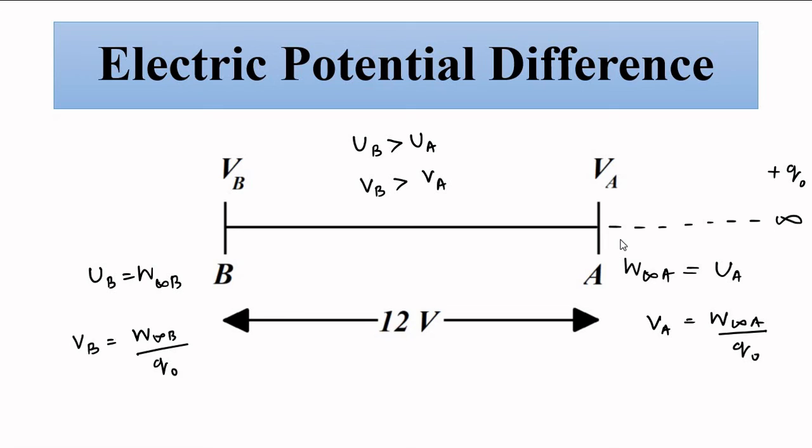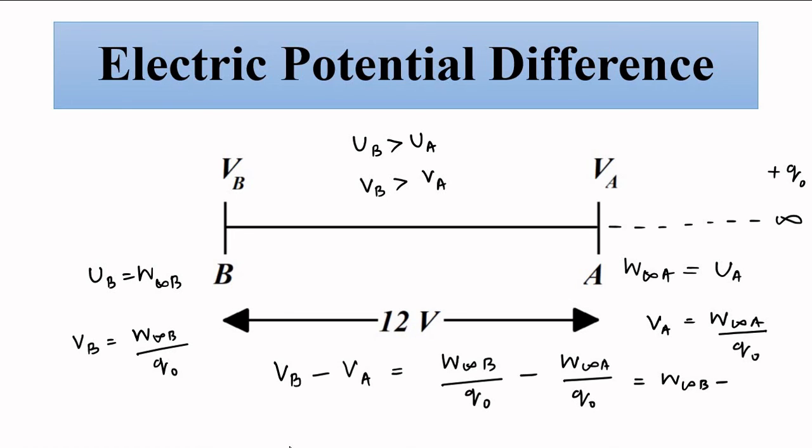So here the potential difference between these 2 points B and A is simply VB minus VA, which is W phi B by Q0 minus W phi A by Q0, which is W phi B minus W phi A by Q0.